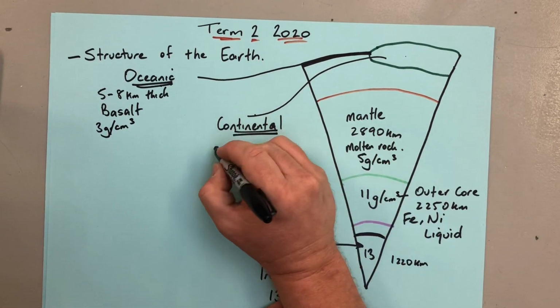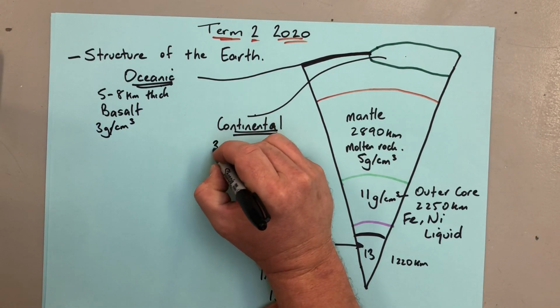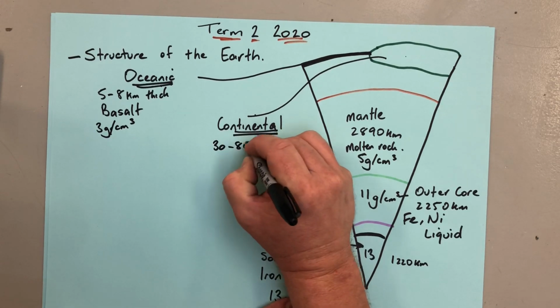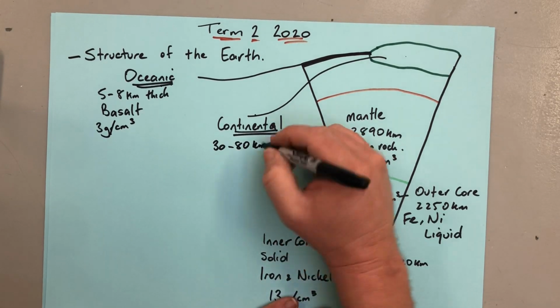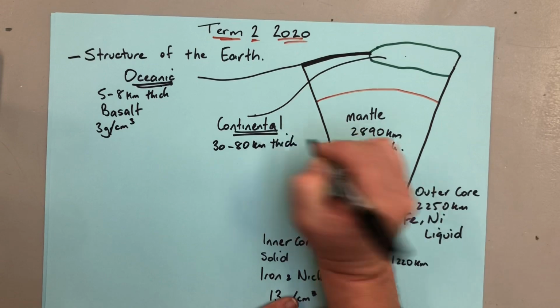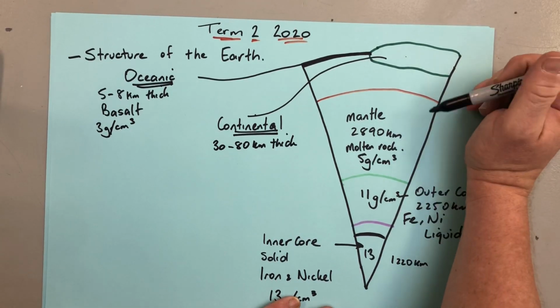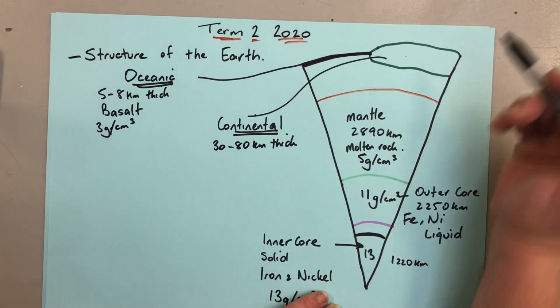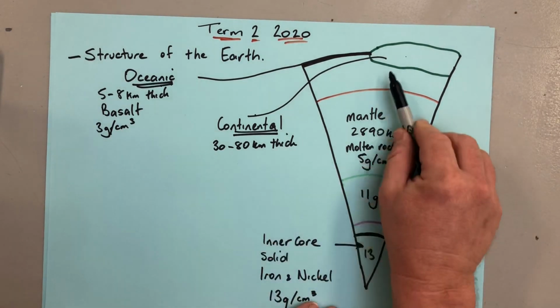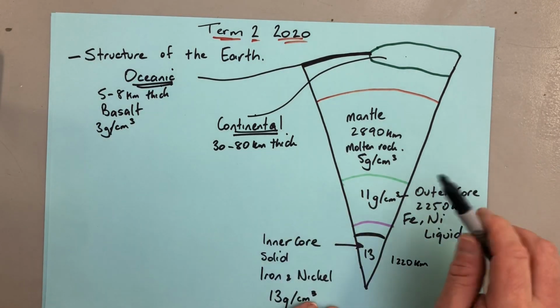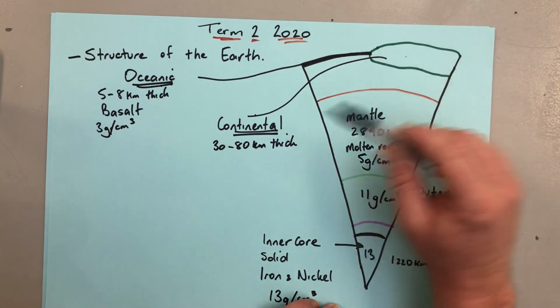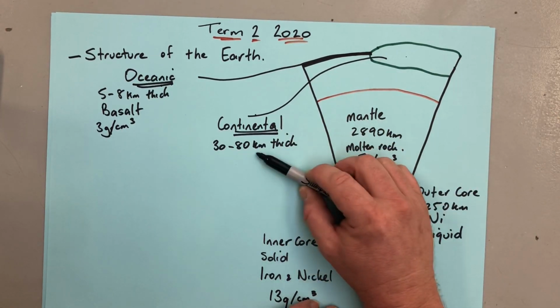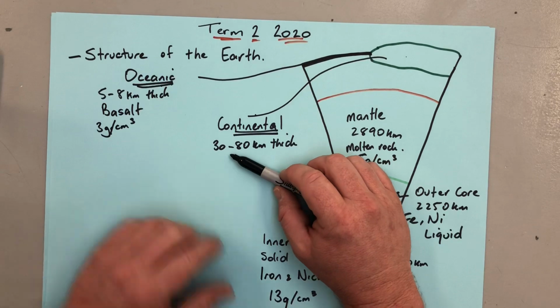Continental crust can be anywhere between 30 and 80 kilometres thick. If you think about thick parts of the continental crust, that's going to be our mountain ranges, and the thinner parts of the crust are going to be large flat plains. And if you think about Australia, Australia would be fairly thin in terms of its continental crust.